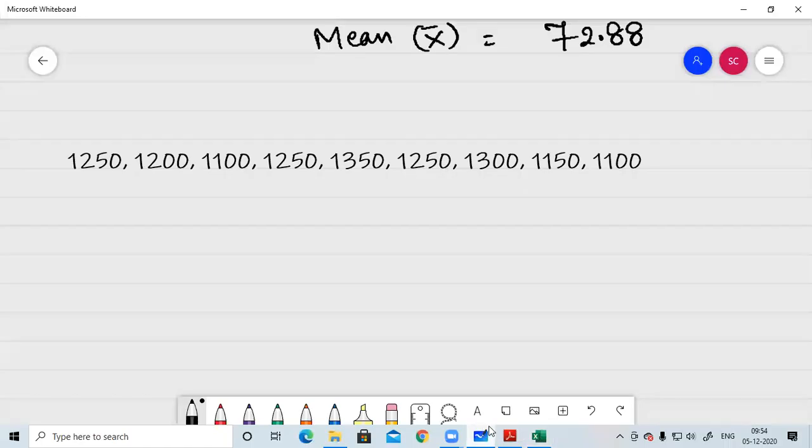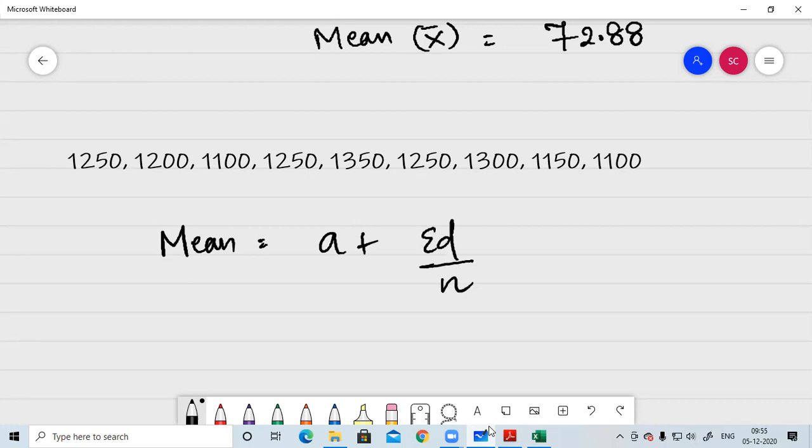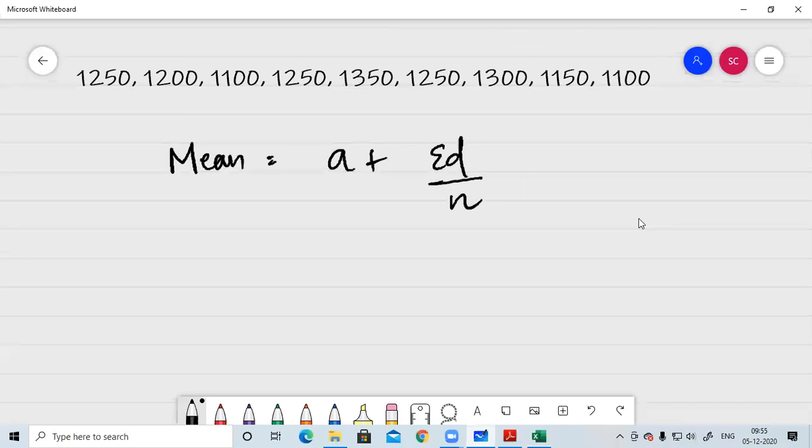So when we go to the sum and try to solve this, mean is equal to A plus sigma D upon N. Is this right? I took my assumed mean as 1250, plus I got minus 300, divided by N, which stands for number of observations.